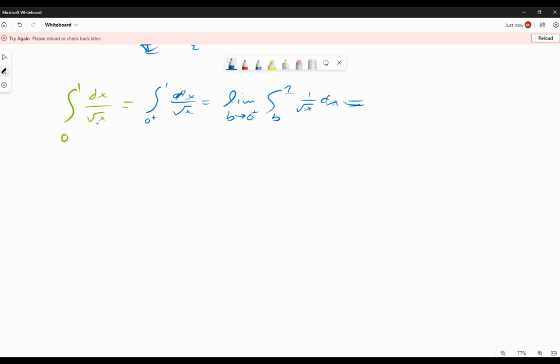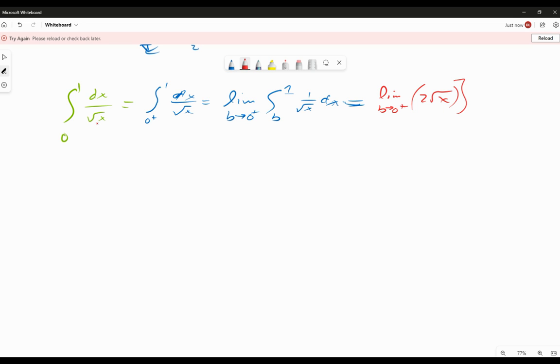All right, let's tackle this crazy little piece. So now we're here. I'm going to change colors on you because now I'm going to integrate this thing. Now we're going to go limit of b as b approaches 0 from the right. And then I'm going to integrate this, and I'm going to get 2 root x.